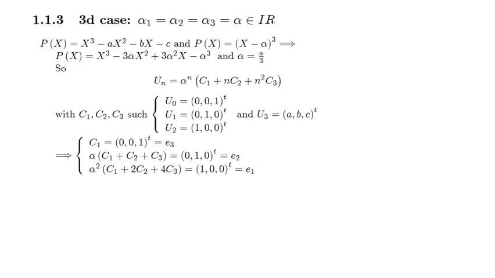The third case, if all the eigenvalues are equal, and of course they are real because the equation is an equation of order 3, and it always has a real solution, at least one. So P_A has this form, and U_n is the following.